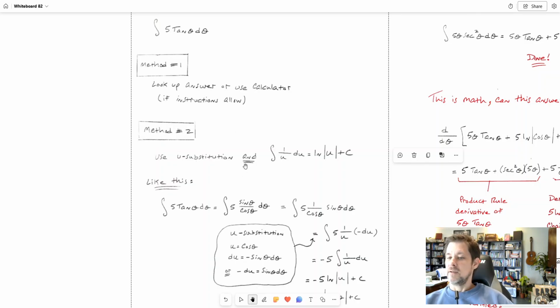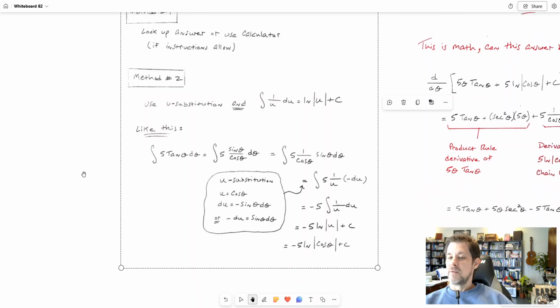So let me show you how you can solve the indefinite integral of 5 tangent theta d theta with u substitution. The formula that becomes applicable within the context of u substitution is this: 1 over u du is natural log absolute value of u plus c.